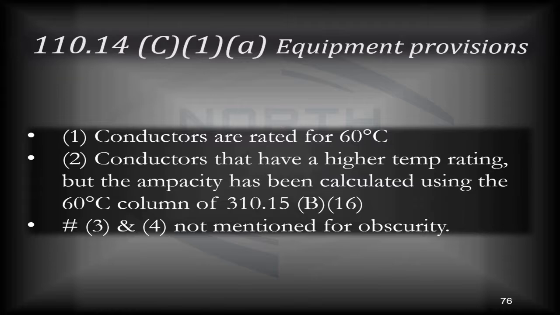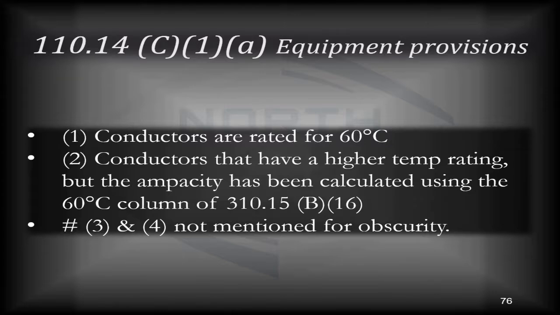3 and 4 are not mentioned because we don't use them that often. It's very obscure. Again, this is 110.14(C)(1)(a). You're certainly welcome to reference this on your own, but again, they're very obscure.